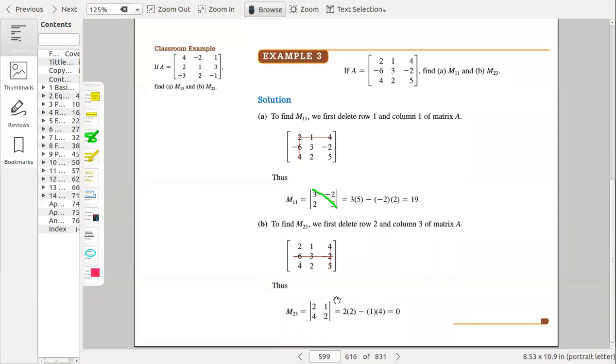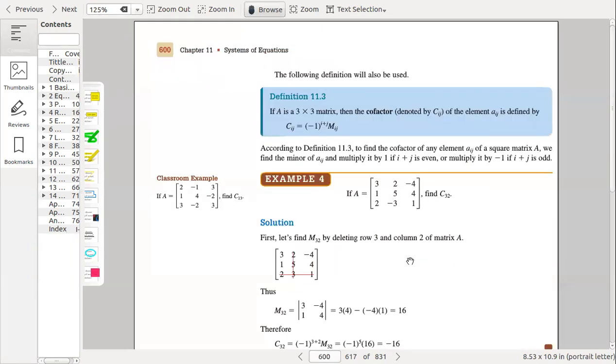And then if we calculate the determinant of this matrix, we will have 2 into 2, 4, minus 1 into 4. So 4 minus 4, 0. So the minor of the entry minus 2 is 0 and the minor of the entry 2 is 19. Okay, then we will move next.